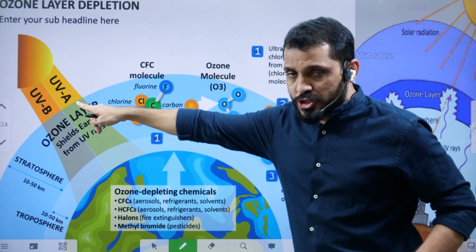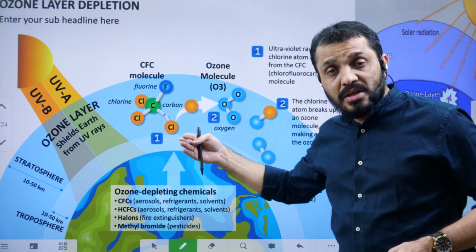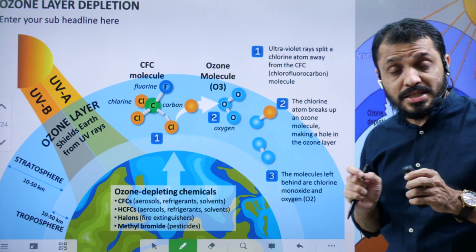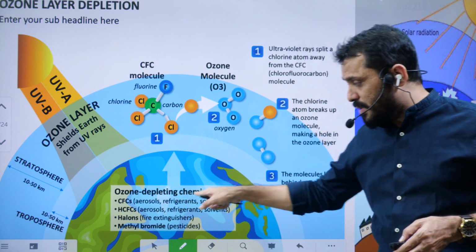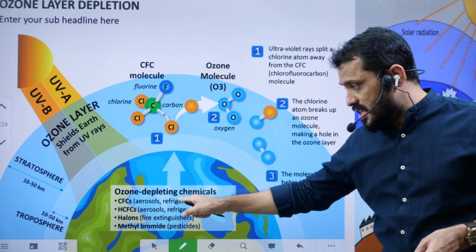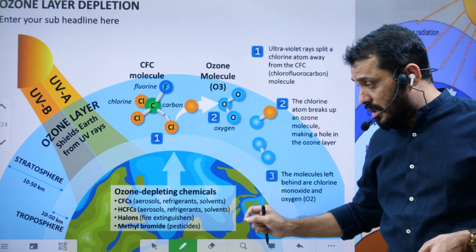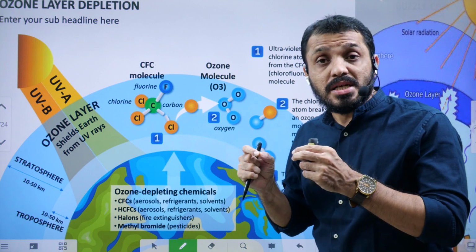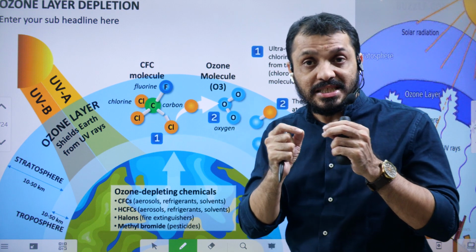Before UV radiation reaches the Earth, some of the strongest UV radiation is stopped by this ozone layer. But the problem is, when the ozone layer is exposed to ozone-depleting chemicals such as CFCs, chlorofluorocarbons, HCFCs, hydrochlorofluorocarbons, halogens and methyl bromides, the ozone layer starts depleting.